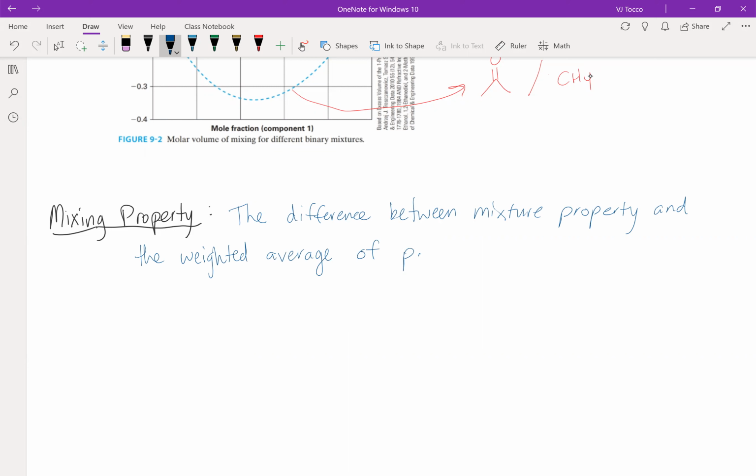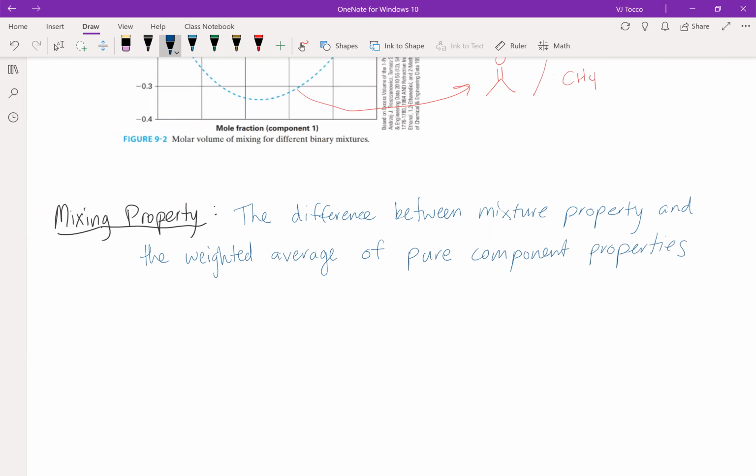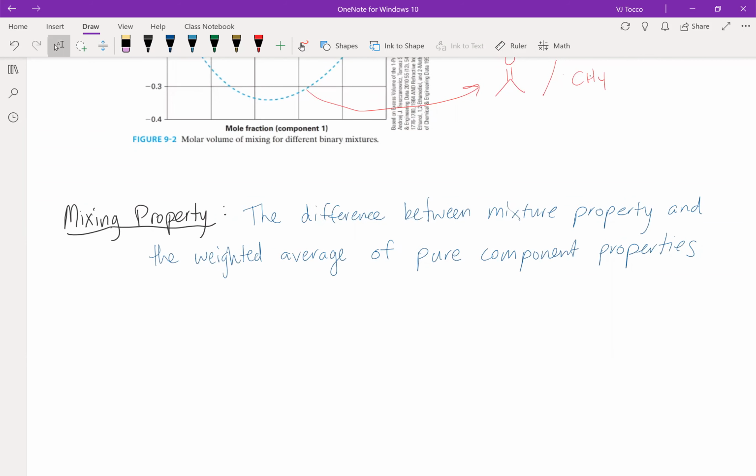For volume, for instance, the mixing property is the same as the excess property. In other words, the molar volume of mixing, delta mix for V, is equal to V at T, P, and composition minus x1 V1 minus x2 V2.